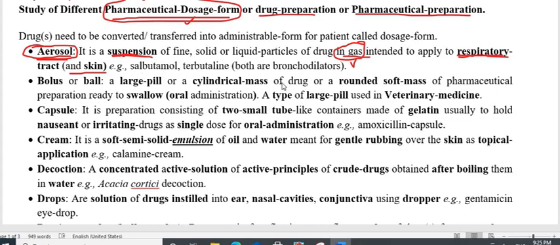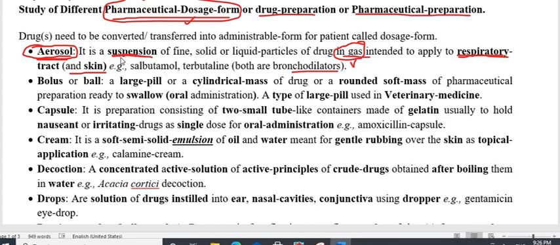Like the example are bronchodilators, salbutamol and terbutaline. Both the drug are salbutamol as well as the terbutaline are having its effect on the lungs, and that is going to dilate the lungs, and therefore it is used for the therapy of asthma. So in case of acute asthma, the lungs has to relax so fastly it will feel the patient relief from the pain.